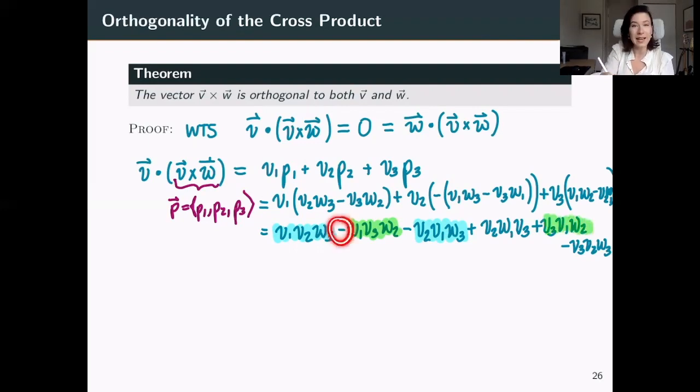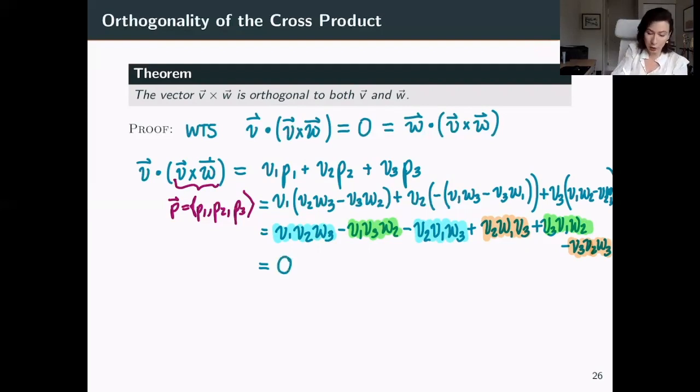Since one of them is a negative and the other one is a positive, those will cancel out as well. Finally, we have our last term, v2, w1, v3, as well as here, v3, v2, w3. The signs being opposite, those will cancel out, leaving us with the dot product of v with the cross product v cross w being equal to 0.